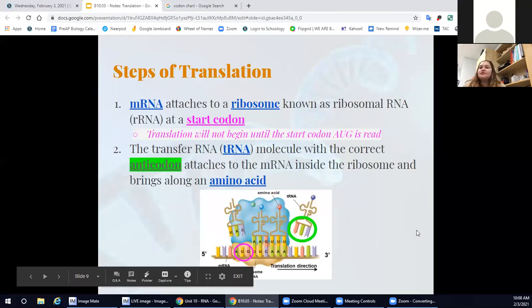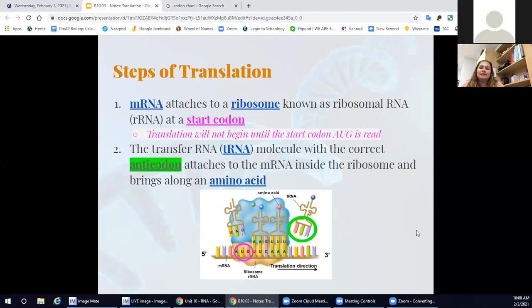So these are the steps of translation. First, again, the mRNA that left the nucleus is going to attach to a ribosome called rRNA. And it's going to attach at the start codon, and the start codon is very, very important. Translation will not begin until the start codon AUG is read.